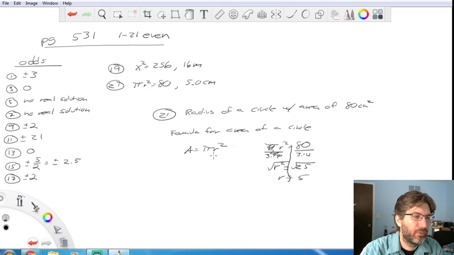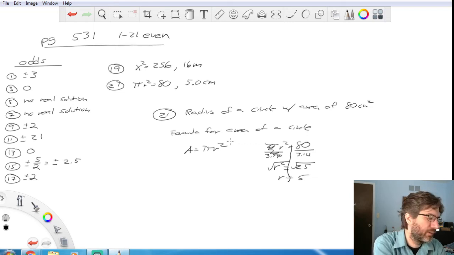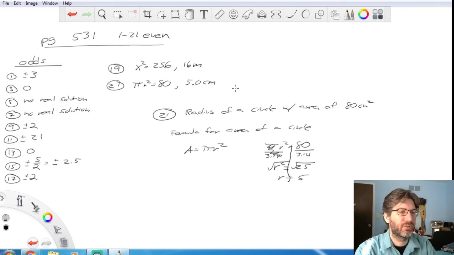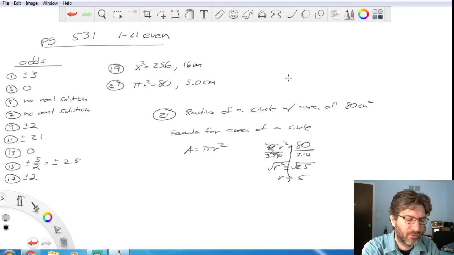I guess the hardest part would be realizing you need to use this formula. I don't know, 80 divided by actual pi. I know where my pi button is. Yeah, it's still going to round it whether you use the pi button or 3.14. So it's just rounding it.